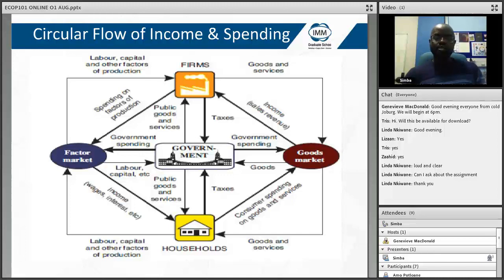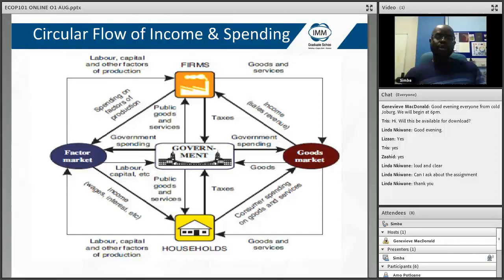When we add the government, making it a three-sector model, what the government does is it collects tax from both the firms and the households, which is the tax that they're going to use to provide public goods and services: your roads, the street lights, your public hospitals, military, and so forth.